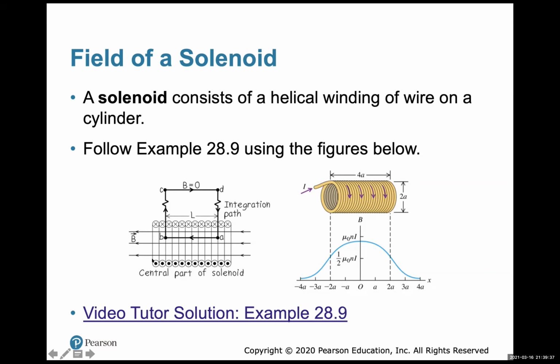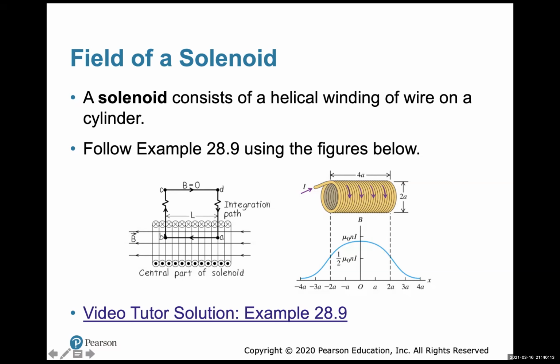Now this X and this dot represent an into and out of circle. It's one of the helical windings, where there's a little bit of an approximation that they are vertically aligned. But if we use thin enough wire and we wind it tightly enough, that's a pretty good approximation. Into out of, the field points to the left, as shown in the picture. Okay, cool.